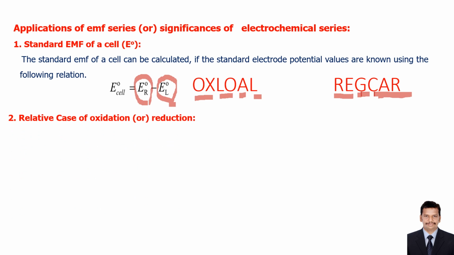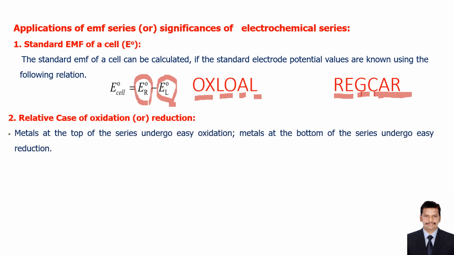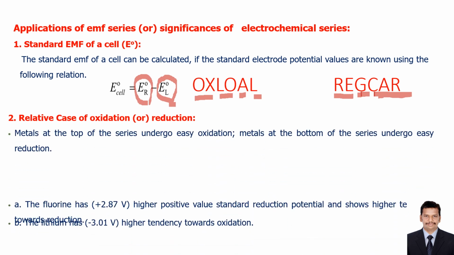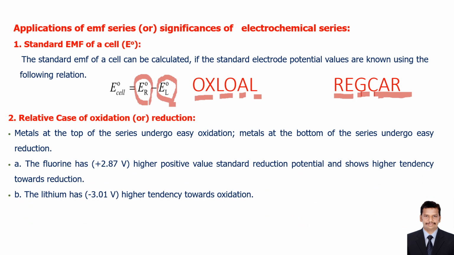The second application is the relative ease of oxidation or reduction. A system with high reduction potential has a great tendency to undergo reduction. So we can easily interpret the behavior of different elements. For example, the standard reduction potential value of fluorine, you can see, is the highest, plus 2.87.